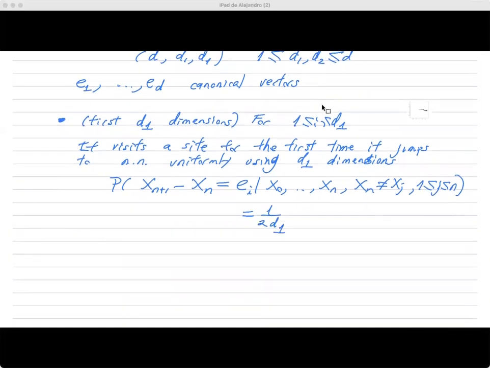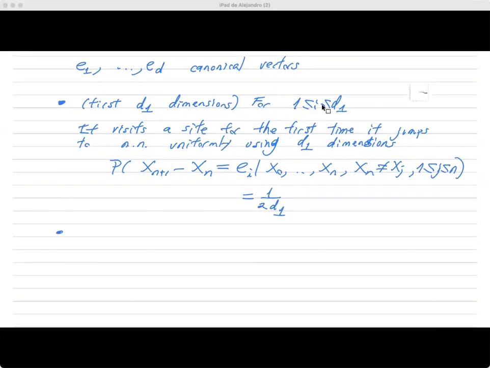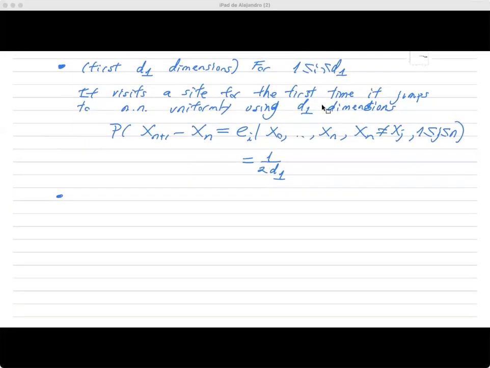And for the last d sub 2 coordinates, the rule is simply that if I visit an old site, I will now use the last d sub 2 coordinates.